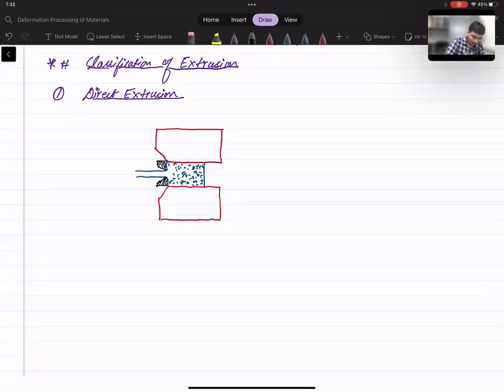So let me draw the die holder also. So these will be attached to the container with die holders, and this is the extruded part which comes out finally after the extrusion process. This is the extruded part.